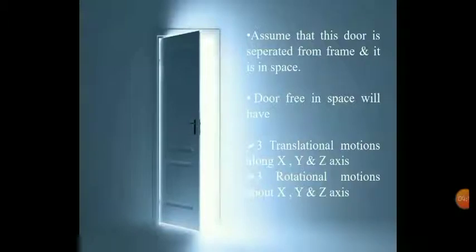As I explained earlier, an object in space can have degrees of freedom equal to 6. So here we can consider the object as a door. How many degrees of freedom will it have? It will have 6 degrees of freedom, that is 3 translational motions along the x, y and z axes and 3 rotational motions about the x, y and z axes.